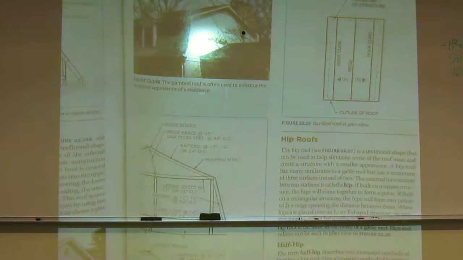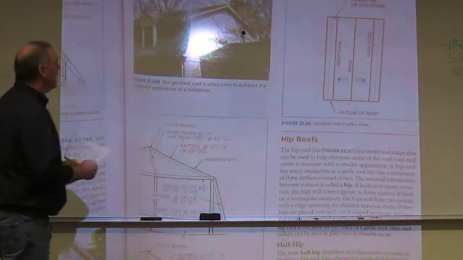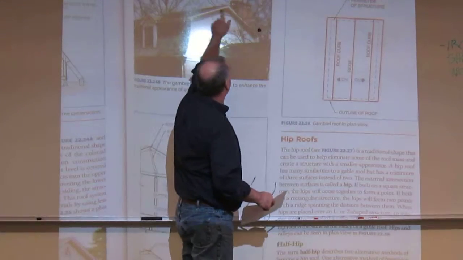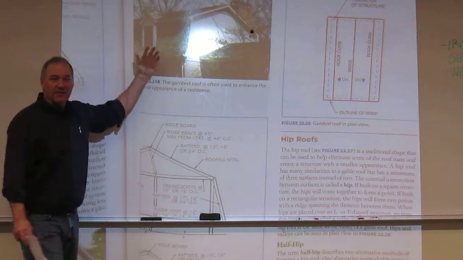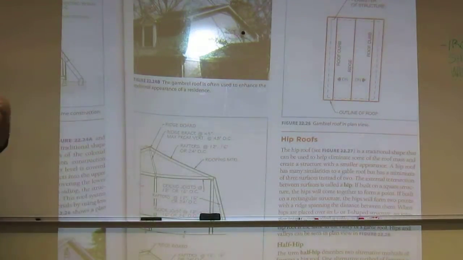In essence, it's a multi-pitched roof. We combine separate types of pitches with this roof. Typically, it will go flat off the top and then drop at a steeper angle coming through the side. What we use this for is to create space inside the roof. So that's a gambrel.